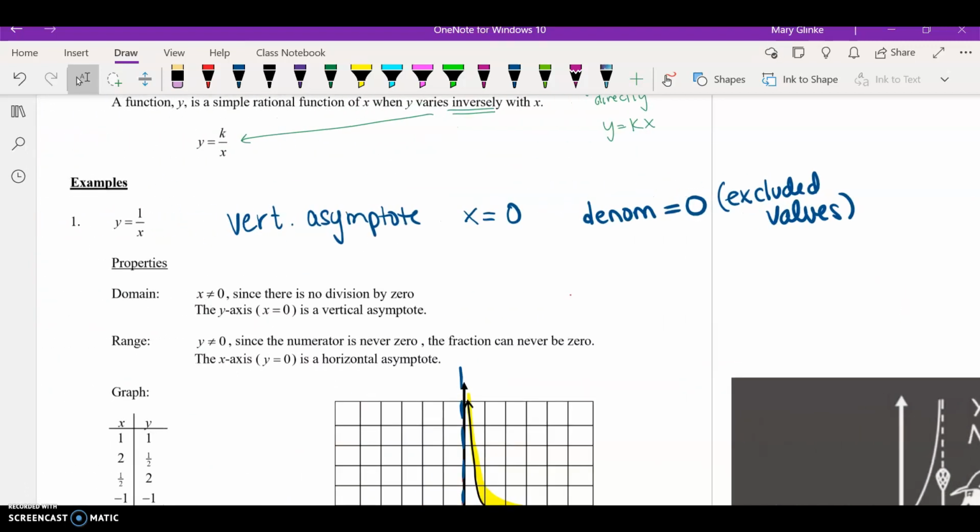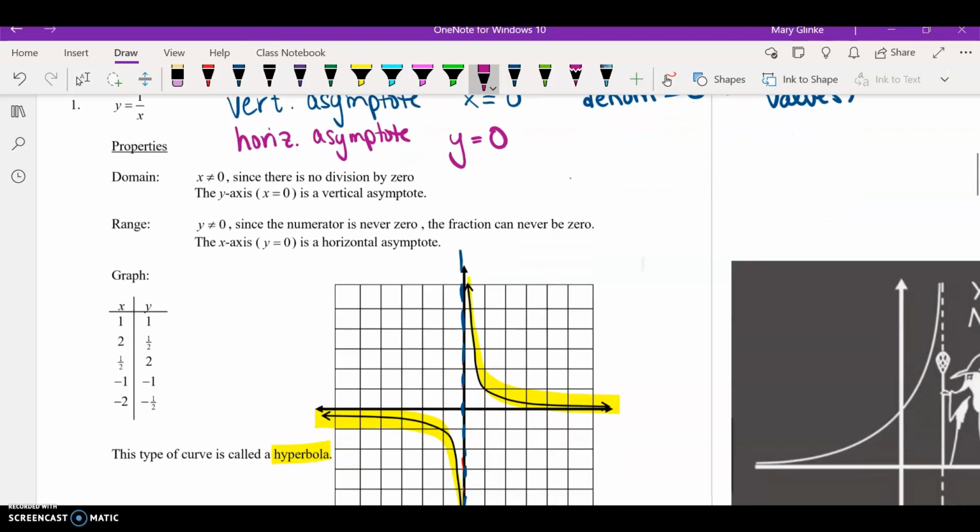But on top of a vertical asymptote, you're also going to have a horizontal asymptote. For these ones, they're going to start off with y equals 0. And as you can see on this one, you can see this horizontal line here through 0, so y equals 0.